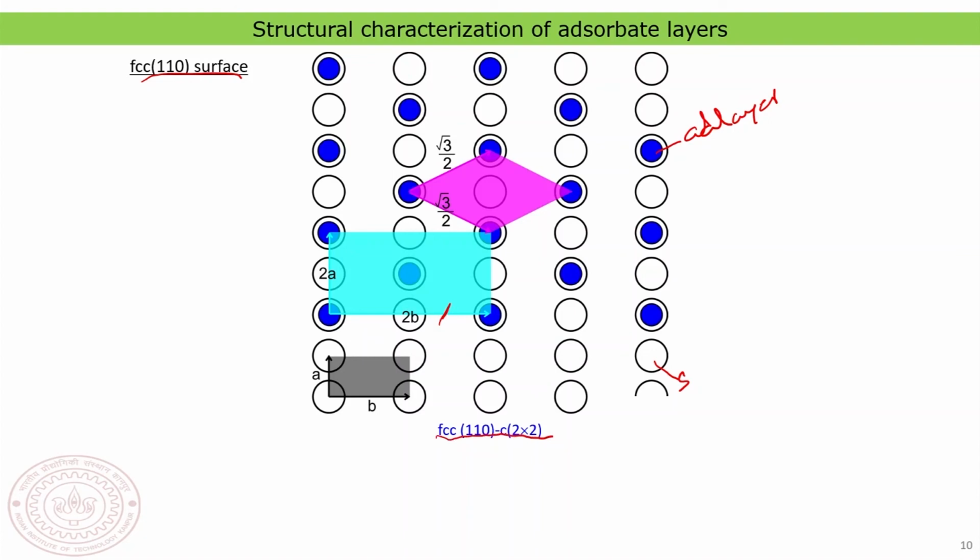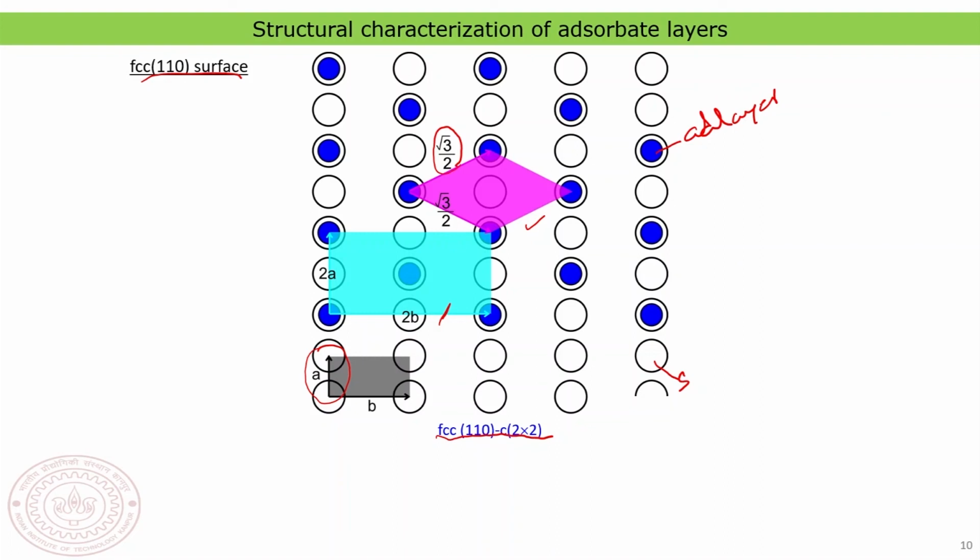Now you can also represent the surface using this magenta unit cell, where the lattice vectors are root 3 by 2 and root 3 by 2 with respect to A, because that is also something different for the FCC 110 surface, that the unit cell lattice vectors along different directions are different in magnitude. So with respect to A, the unit lattice vector magnitude for this unit cell is root 3 by 2.